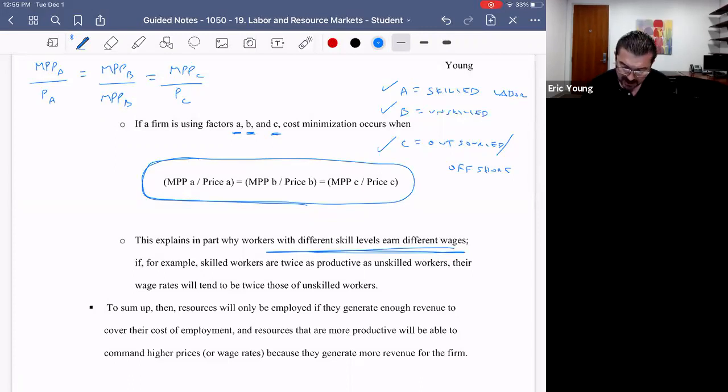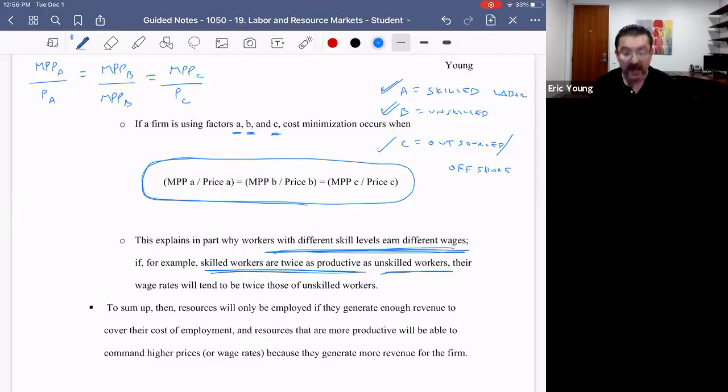We just said here that A was skilled labor and B was unskilled. Now we're starting to get some ideas as to why workers with different skills can earn different wages. If, for example, skilled workers are twice as productive as unskilled workers, they're more experienced, they're more educated, whatever it is, we don't need to know the reasons now.